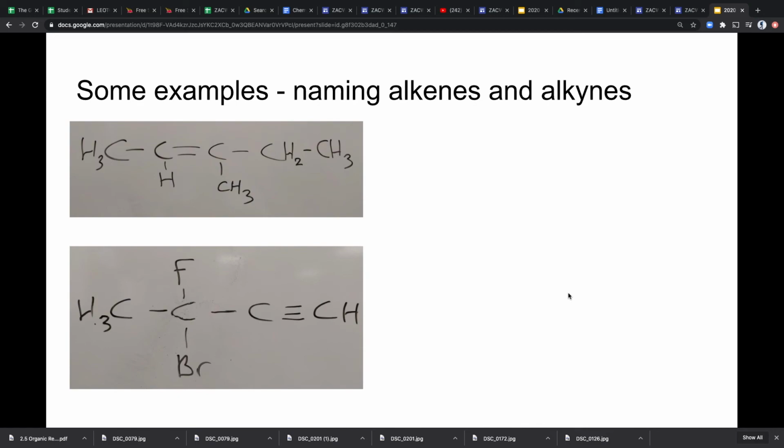Because the double bond begins on the second carbon from the left, and there's a methyl group on the third. So that's lowest numbering. What would we call this then? Three methyl pent-2-ene, sounds good to me. 3-methyl pent-2-ene. Awesome.